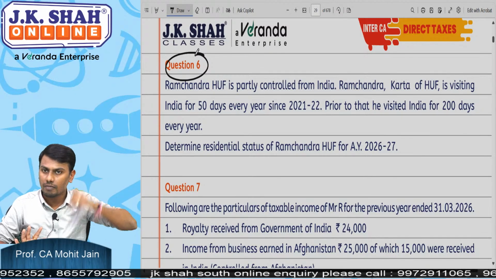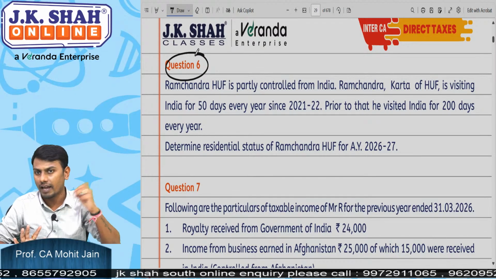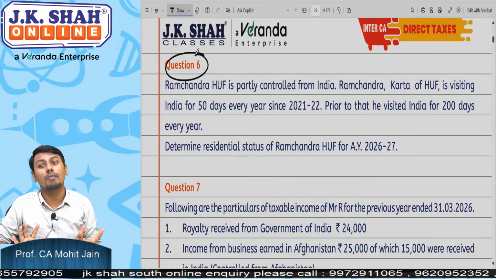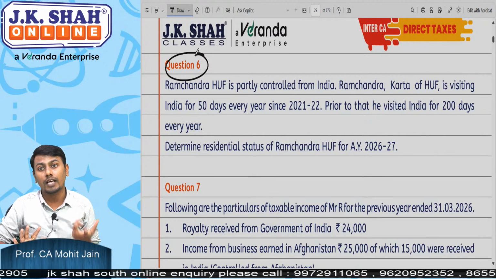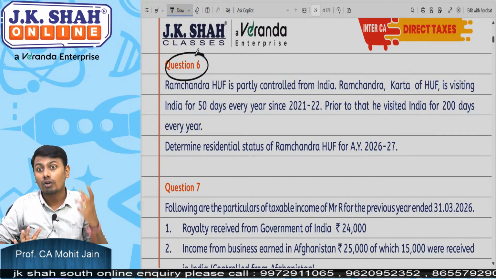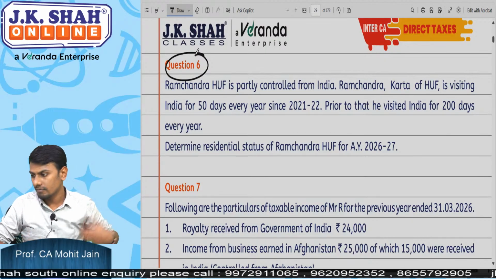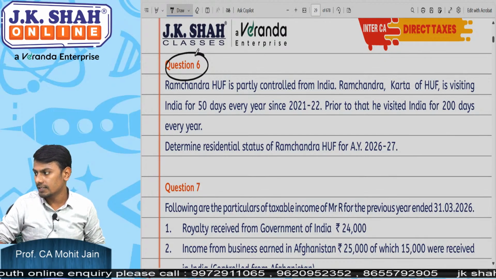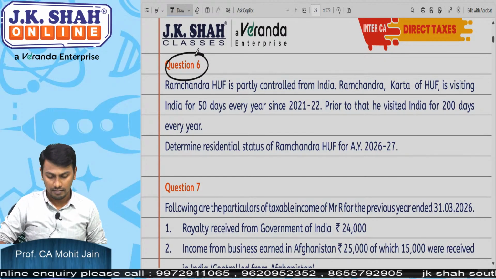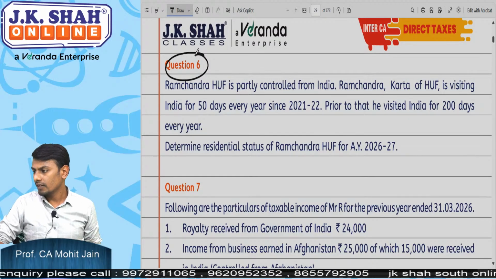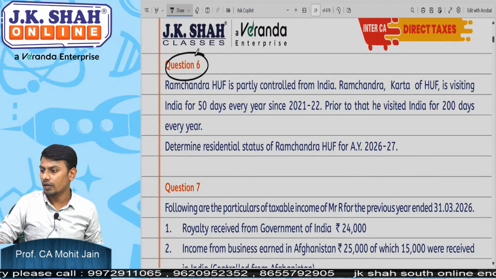So control is from outside India and all the members are outside, so management is also from outside India. So it will become non-resident. So it will have to pay tax only on Indian income and not on foreign income. Please solve question number 6 on page 25 and give me the answer.